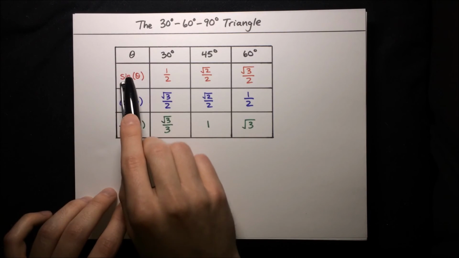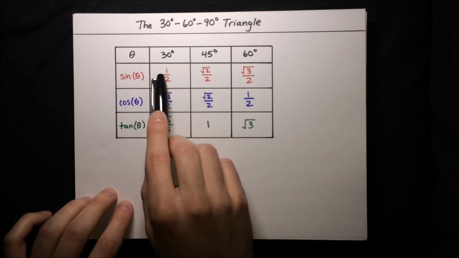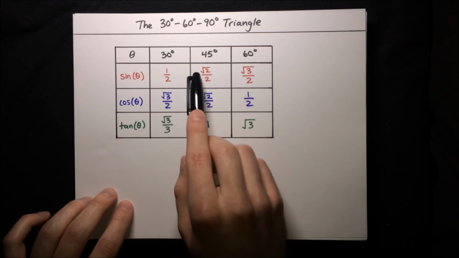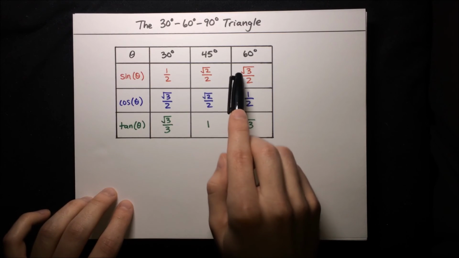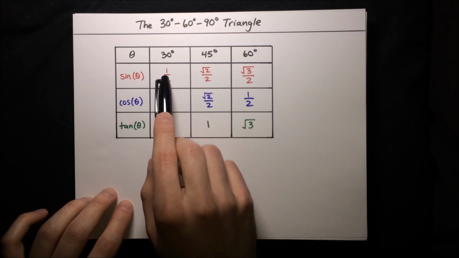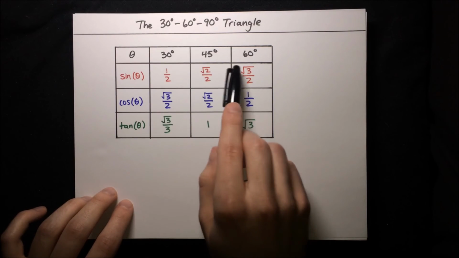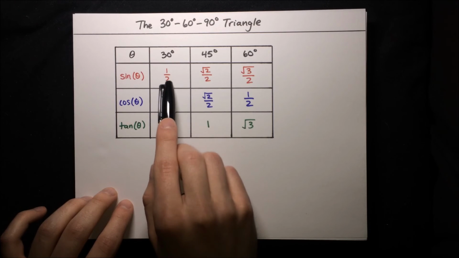And sine just kind of counts up, going from 30 to 45 to 60 degrees. It's 1 over 2, then root 2 over 2, then root 3 over 2. You could even think of this as root 1 over 2, because root 1 is just 1. So the numerator just counts up under the root, and the denominator stays the same.